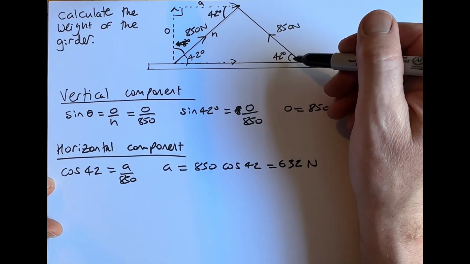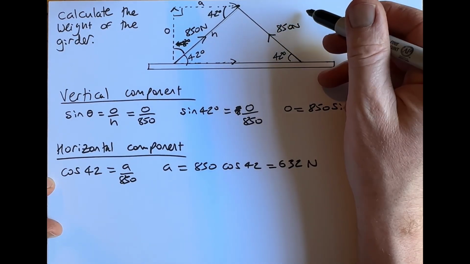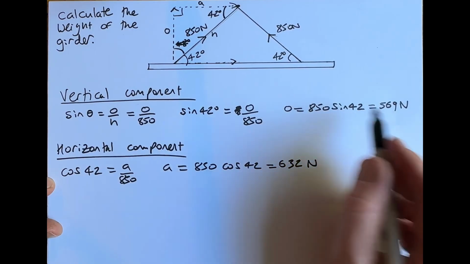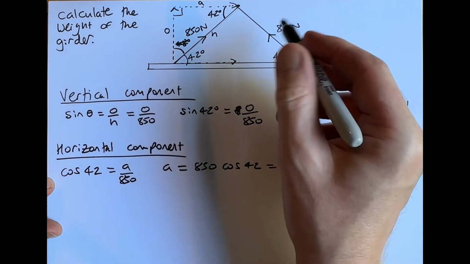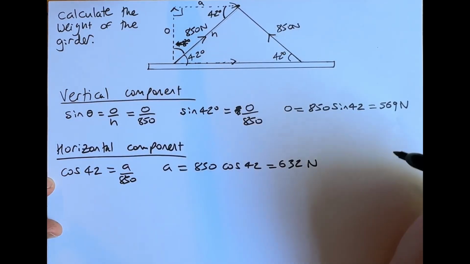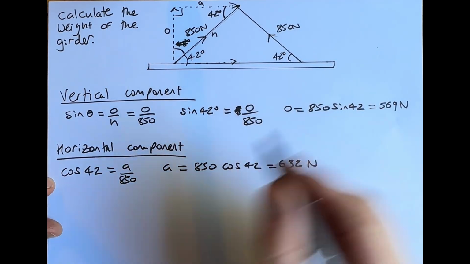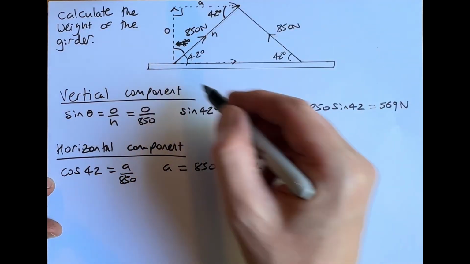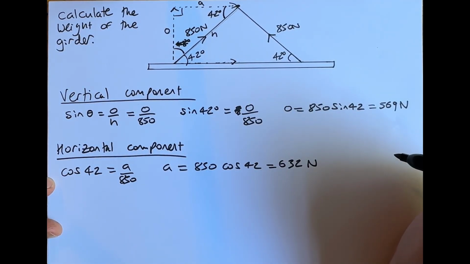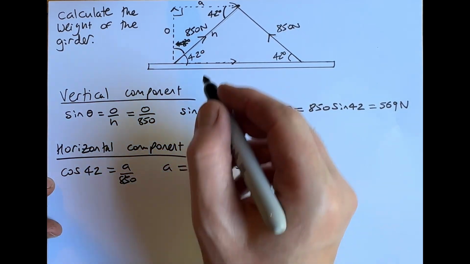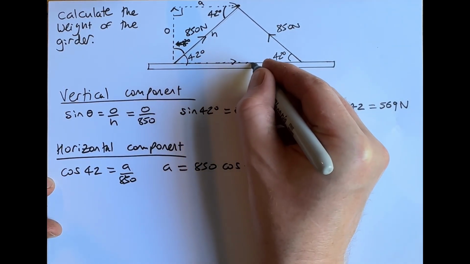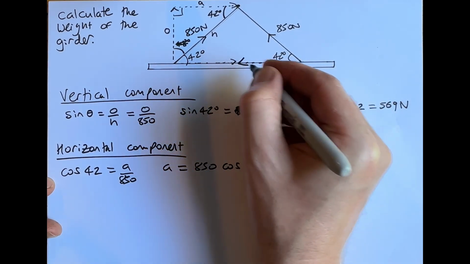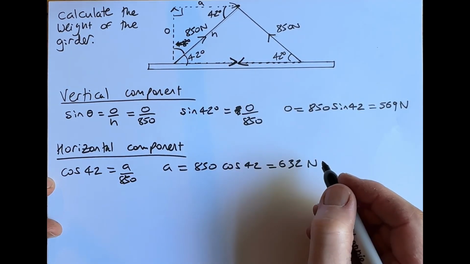Now on this side, the situation is exactly the same. We've got a vertical component of 569 and a horizontal component of 632. Because the whole system is in equilibrium, it's static, it's not moving, we know that the resultant force on this object must be 0. What you'll notice is that there are two horizontal components acting this way.